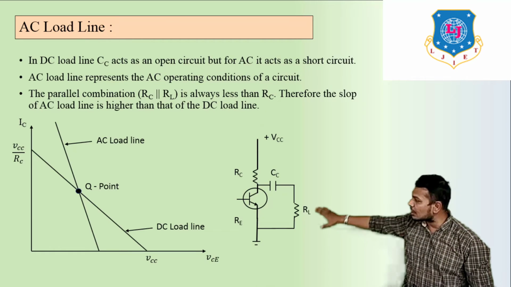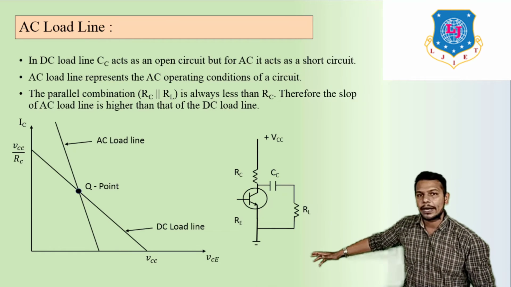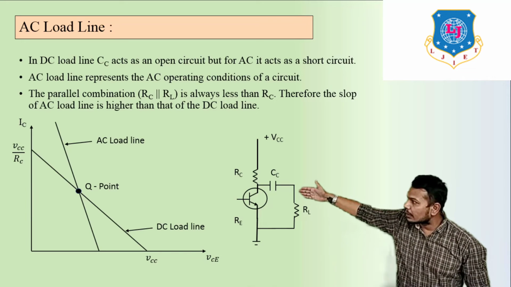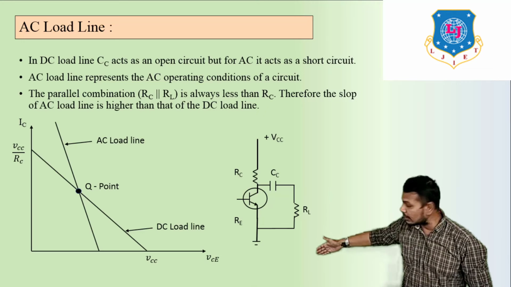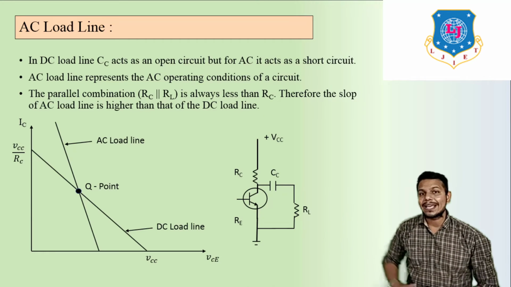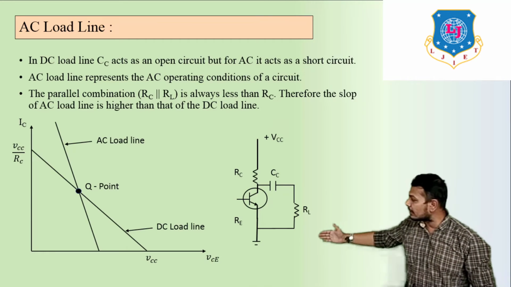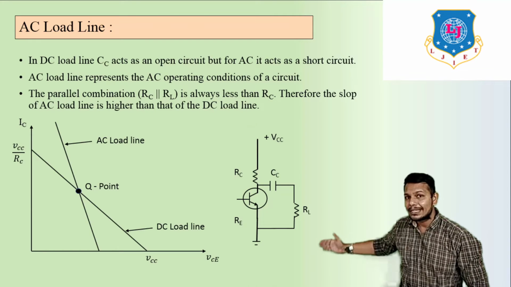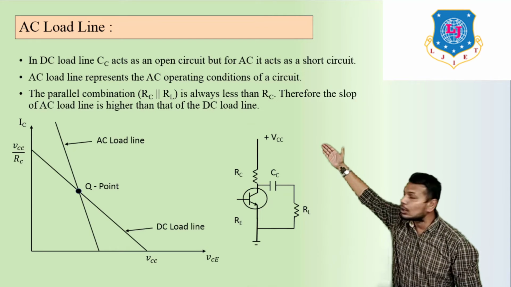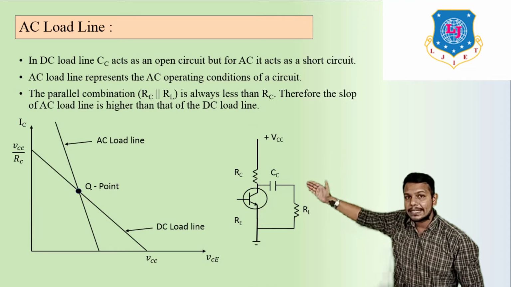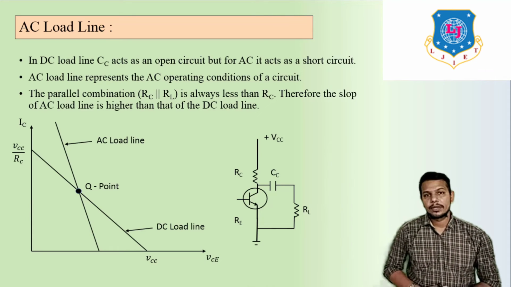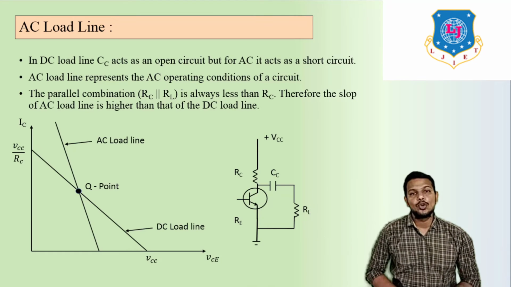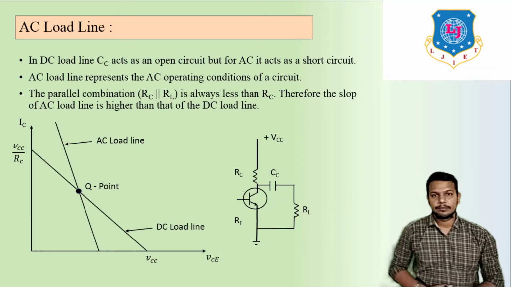Here we can see a comparison of the DC load line and AC load line. The straight line connected to the current axis and voltage axis is known as the DC load line, but the one which is connected to the voltage axis and goes directly up is the AC load line. Between them we mark the point known as the Q point, the quiescent point.